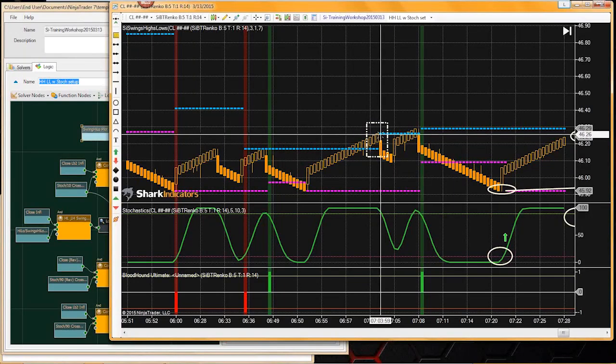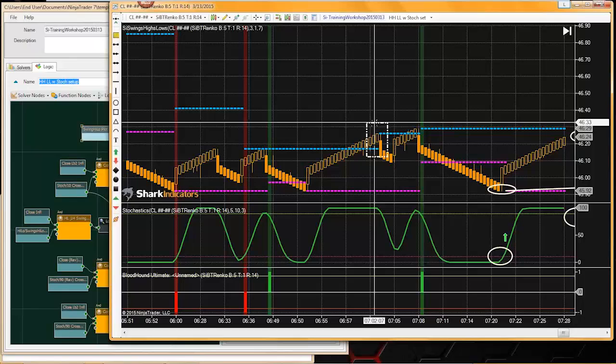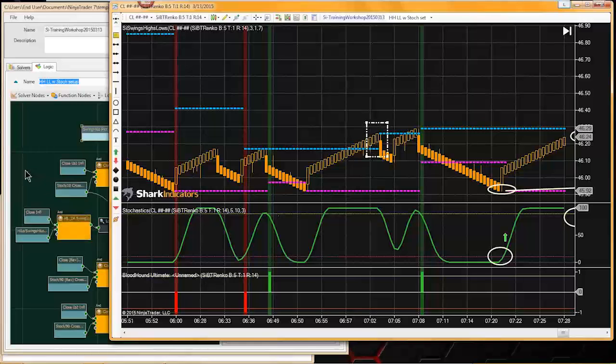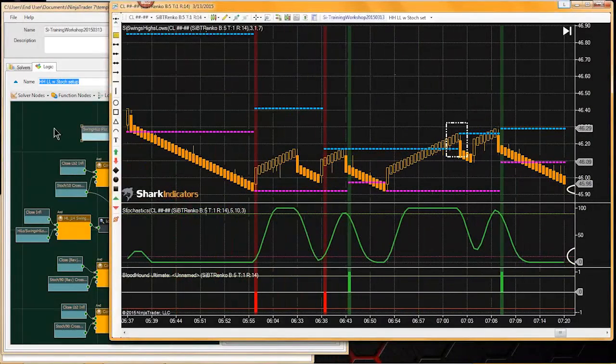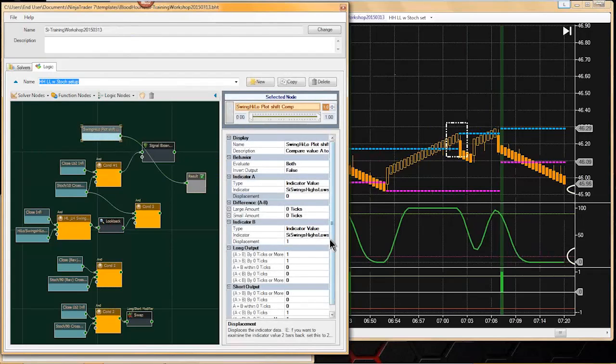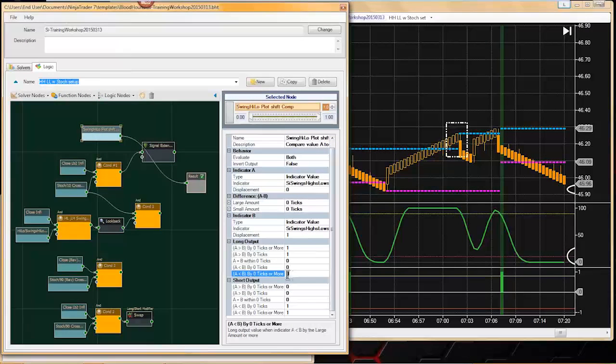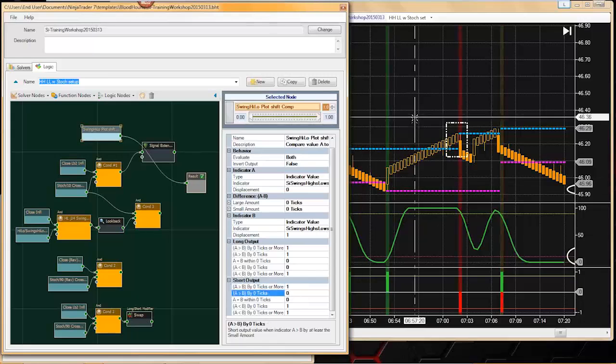So that might be problematic here. So let's see, what I can do is I think I can just use one of these other long outputs and the other short output there. There we go.